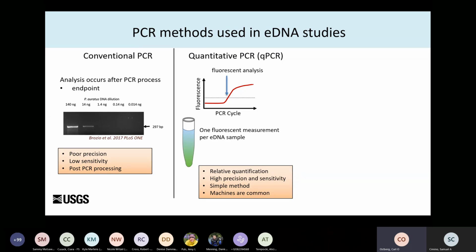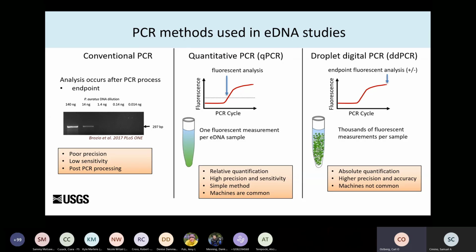The third method here is droplet digital PCR, and this is a bit of a newer method. For this method, DNA and PCR chemistry, which includes fluorescent chemistry, pretty much the same as qPCR, is partitioned into about 200,000 individual droplets using an oil emulsifier.